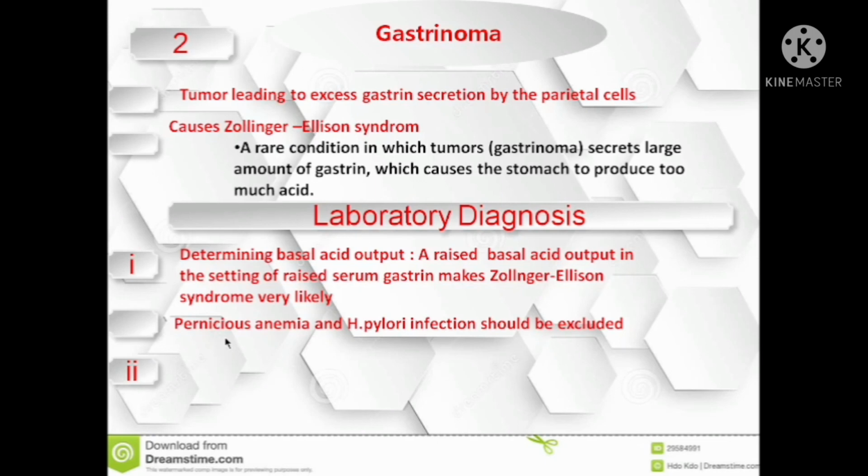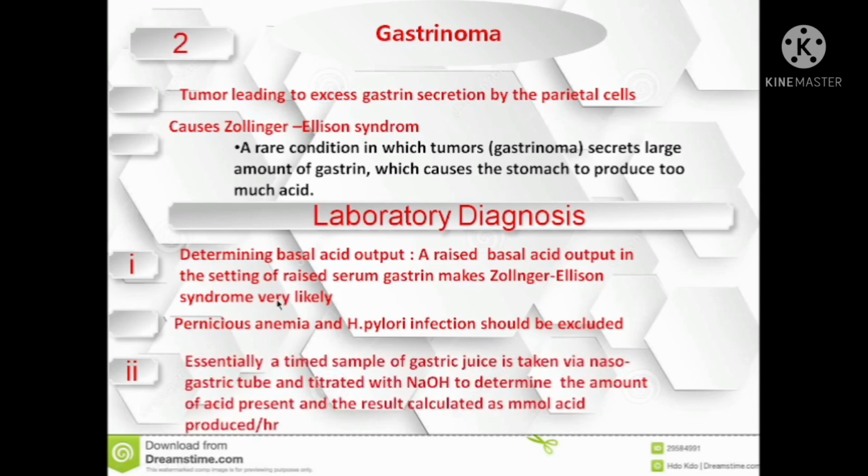where you give the patient exogenous intrinsic factor. So the bottom line is you exclude these two, and when there is still a raised basal acid output and a raised serum gastrin, you suspect gastrinoma or Zollinger-Ellison syndrome.